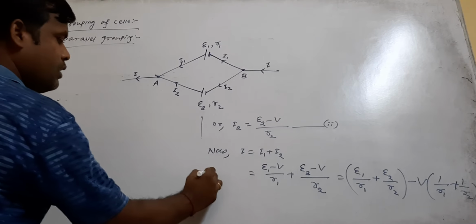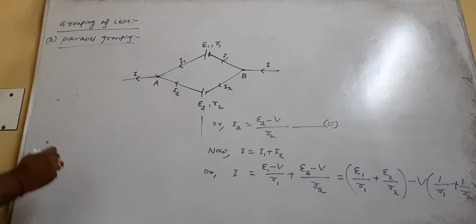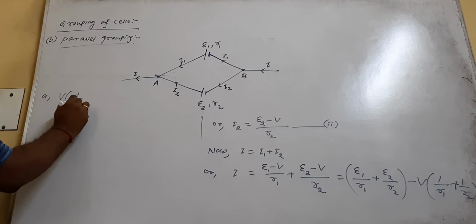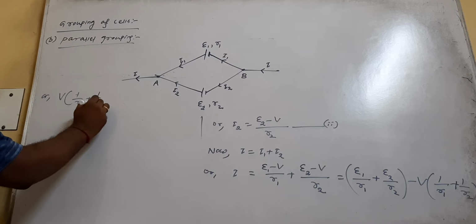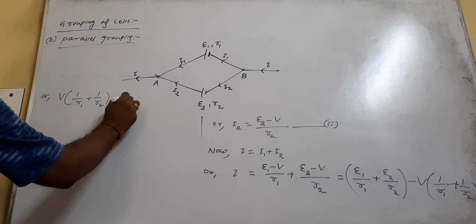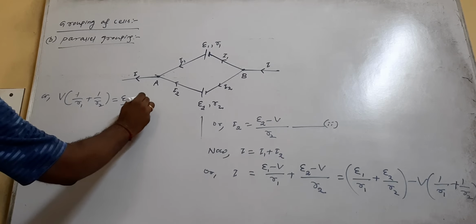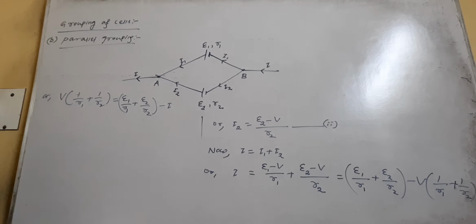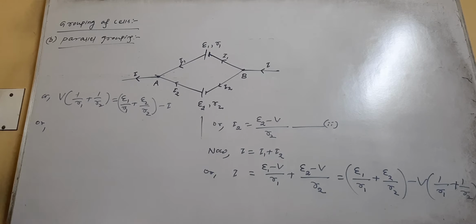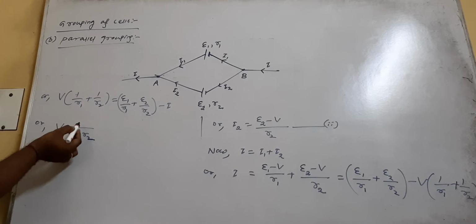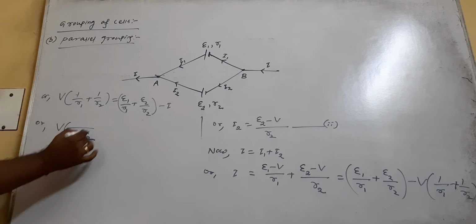In LHS you have I, or V whole into 1 by R1 plus 1 by R2 is equal to E1 by R1 plus E2 by R2 minus I. So you can write here V, and you take LCM, that is R1 R2.